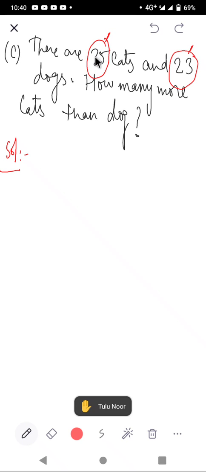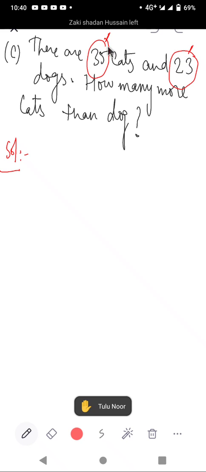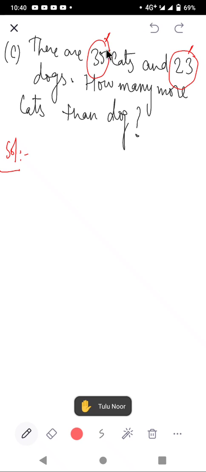We know 35 is bigger than 23, but we have to tell how much bigger it is. First of all we will write the statement. Number of cats, 35.